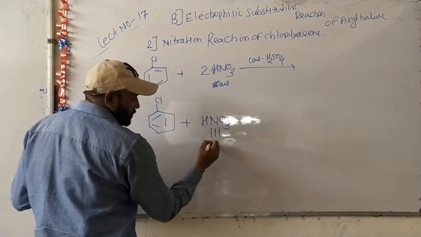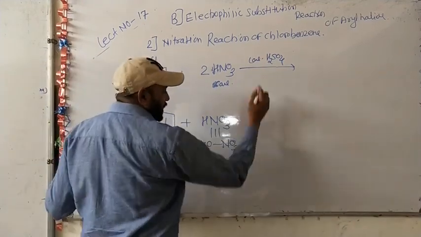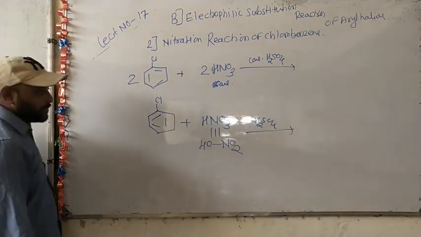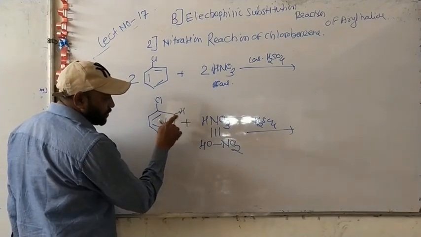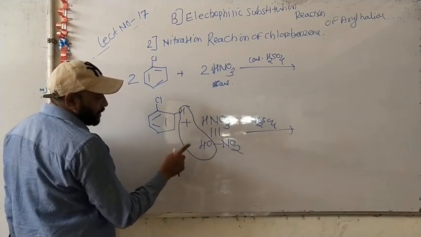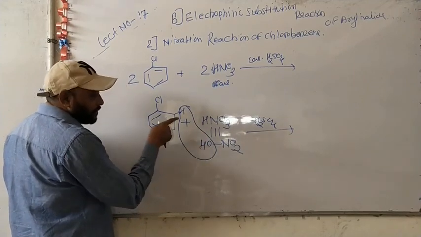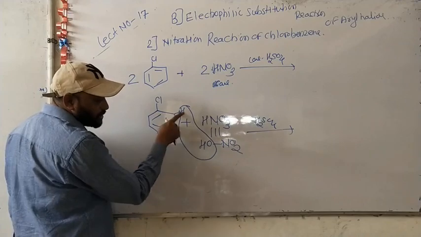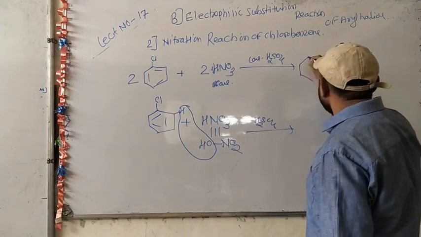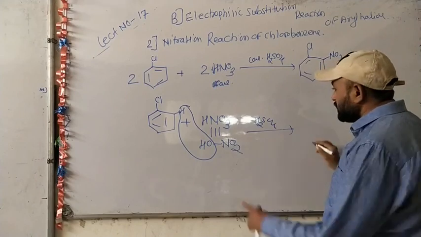HNO3 should be written as OH, NO2, in presence of catalyst H2SO4. So simply electrophilic substitution reaction occurs at ortho position. So replace the ortho hydrogen by NO2. From HNO3 loses the OH and from ortho position H, the H2O is lost and this NO2 replaces this hydrogen. So forming first product, Cl and NO2. So what is the first product formed?